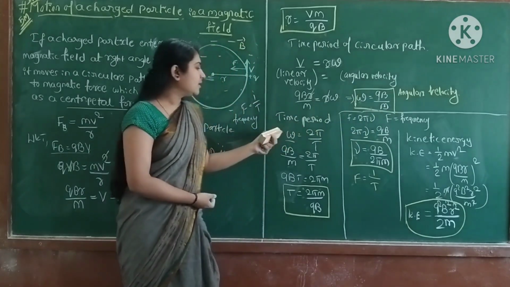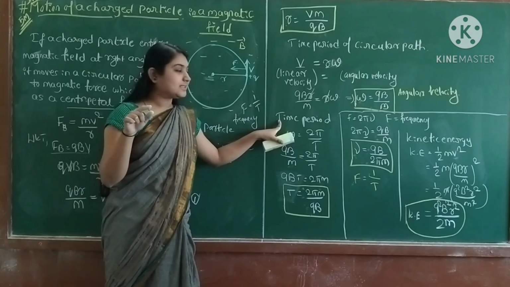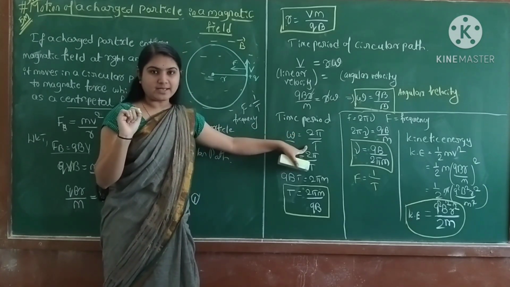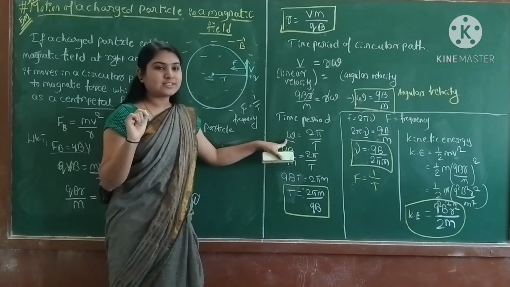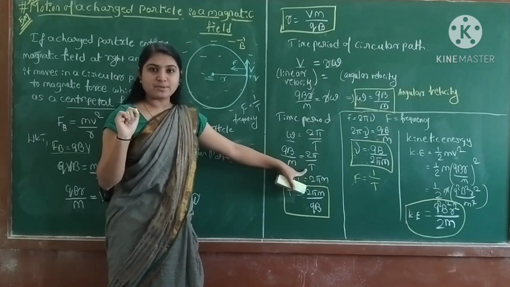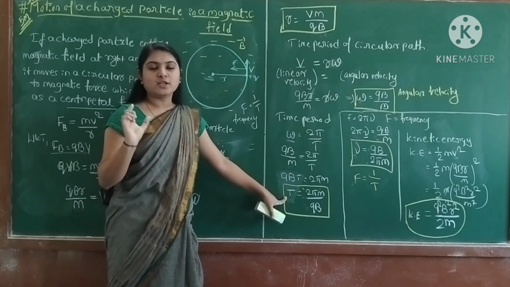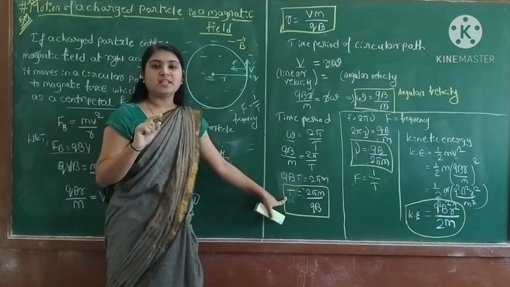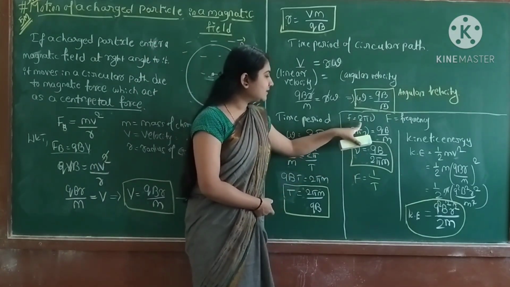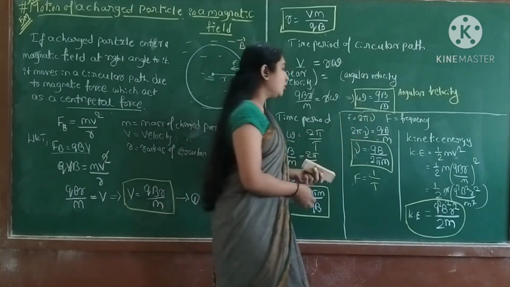Correct? Then we have to calculate the time period T. Omega is equal to 2 pi by t. Omega value is qb by m, equal to 2 pi by t. Adjusting, time period is equal to 2 pi m by qb. Once the time period is calculated, we calculate the frequency.